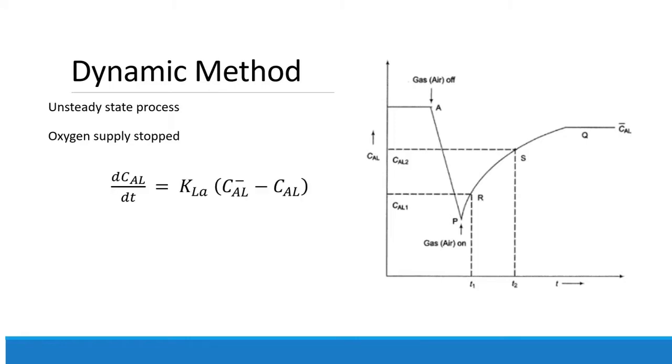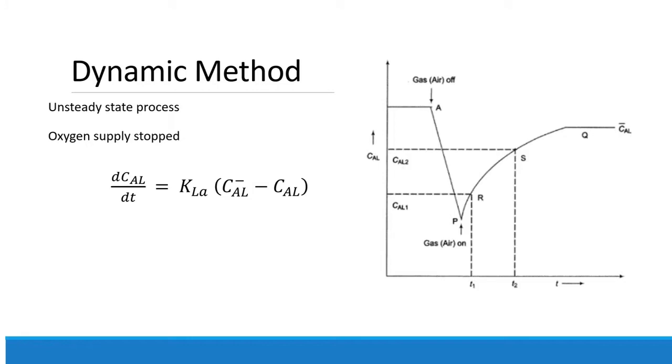In the PQ zone, we can choose 2 points, R and S, at time T1 and T2, having the oxygen concentrations at CaL1 and CaL2.